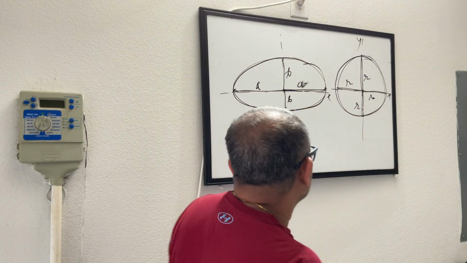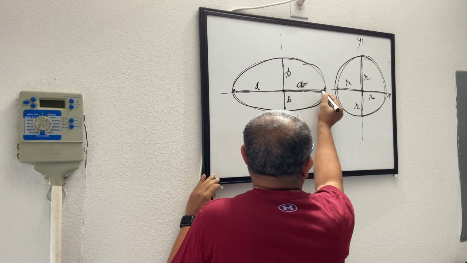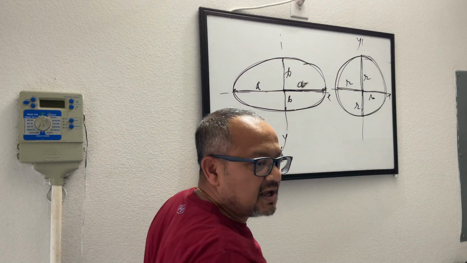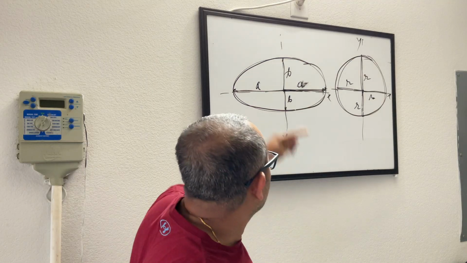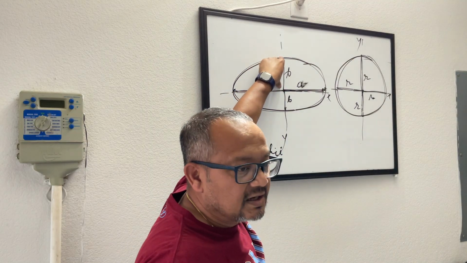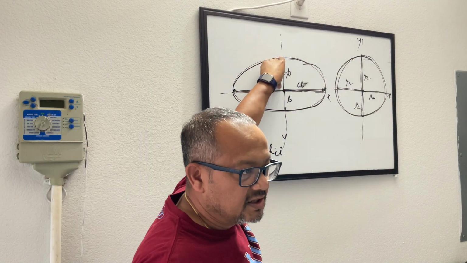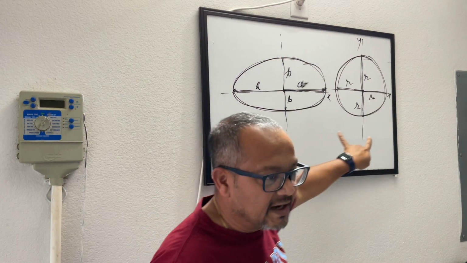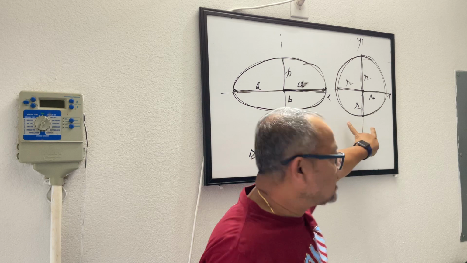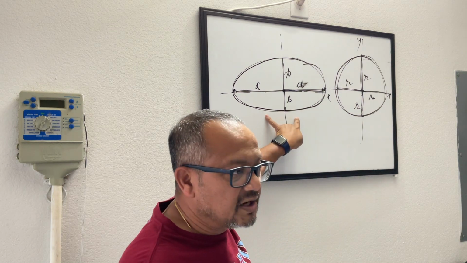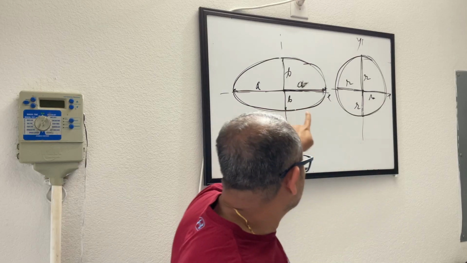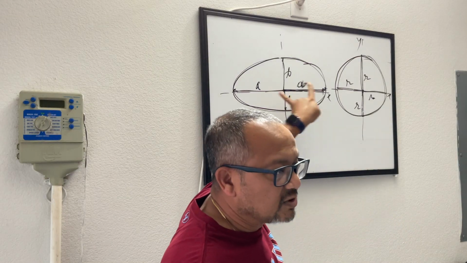So you have two radii here and you have only one radius here. The one that you see along the x-axis, the one which is bigger in length, is called major radius, and the one that you see smaller in length is called minor radius. So basically the main difference between ellipse and circle is, here you are dealing with two radiuses and here you have only one radius. The two radius, one is called major radius, one is called minor radius.